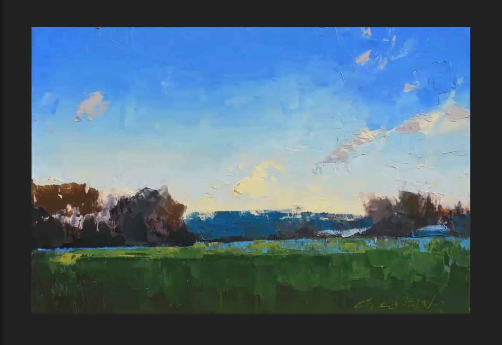So we have a strong line right here. That is where the field meets the trees. So that helps to pull your eye along this line. Then you have some really strong implied lines here that lead your eye along to that same spot.